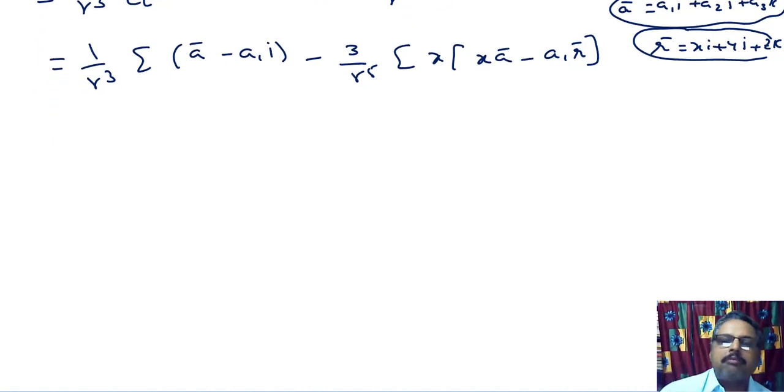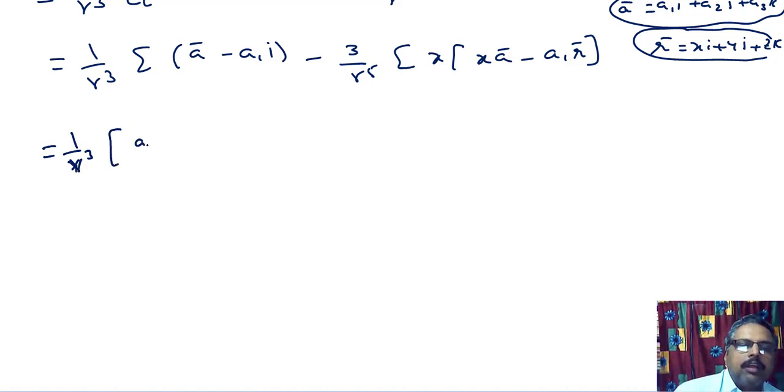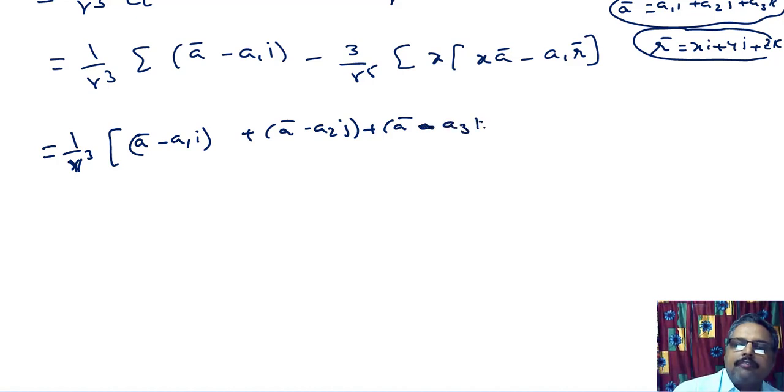Now expand the summation. 1 by r cube into first term a bar minus a1 i, plus a bar minus a2 j. Just replace a1 by a2, i by j. In the similar way, third term a bar minus a3 k. This is the first term, minus 3 by r power 5 into the second term.